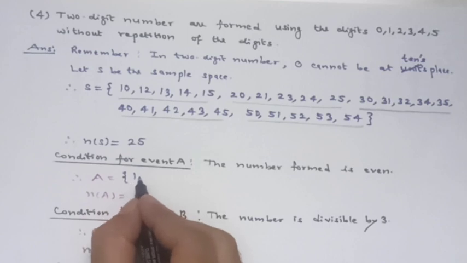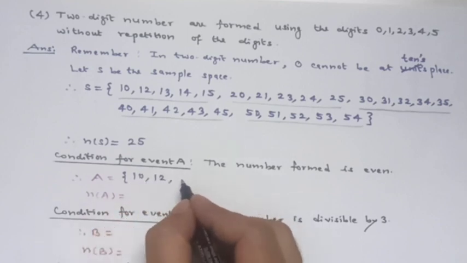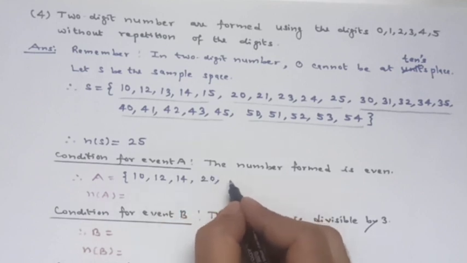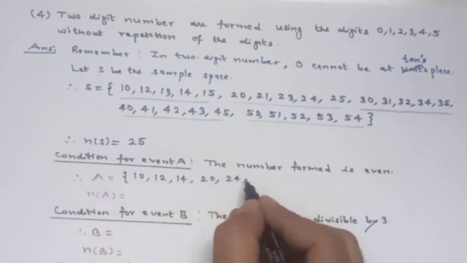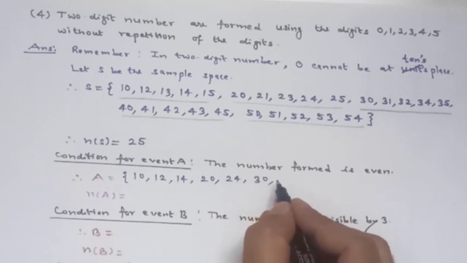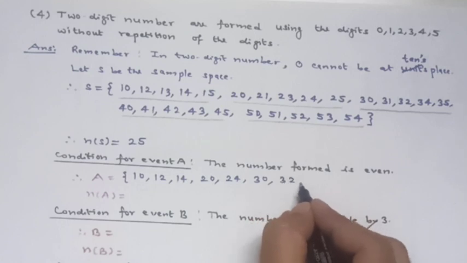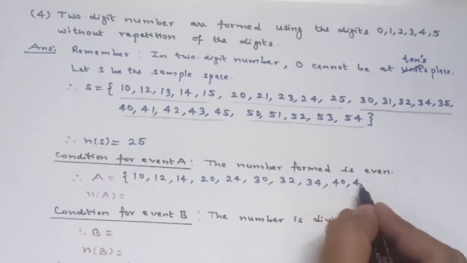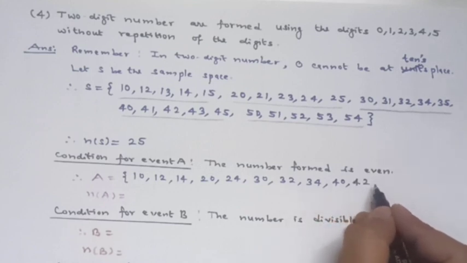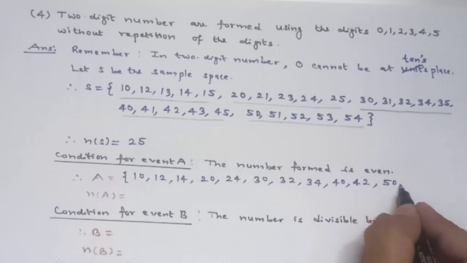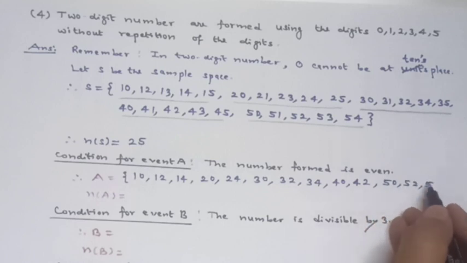Start with 10. 10 is possible, 12 is possible, 13 not, 14 possible, 15 not possible, 20 possible, 21, 23 not possible, 24 possible, 25 not possible, 30 possible, 31 is not possible, 32 and 34 possible, 40 is possible, 42 is possible, 41 is not possible, 43 not possible, also 45 not possible, 50, 52 and 54.